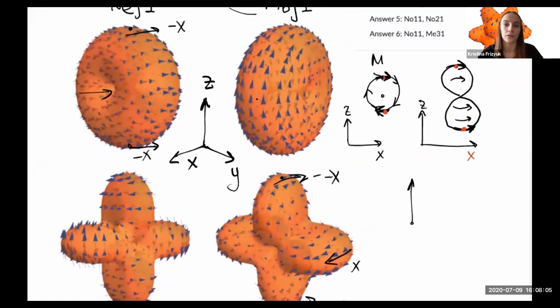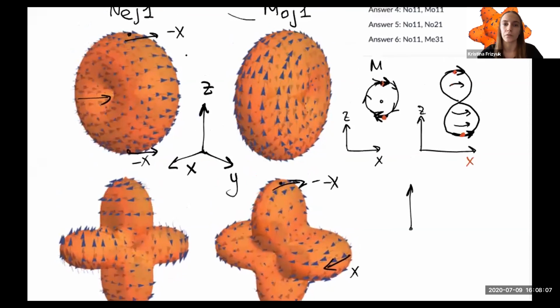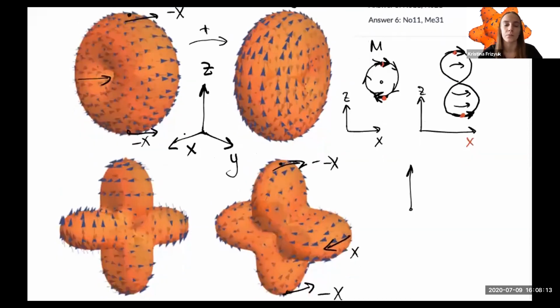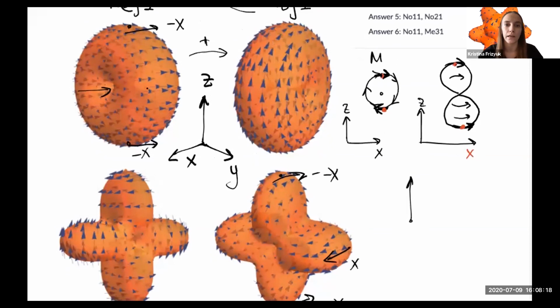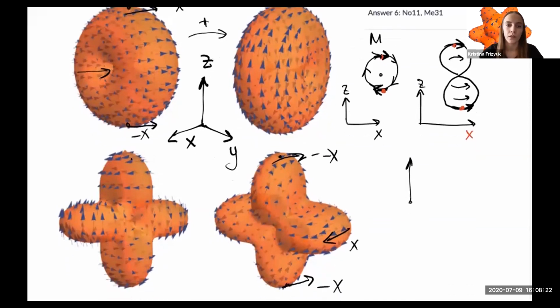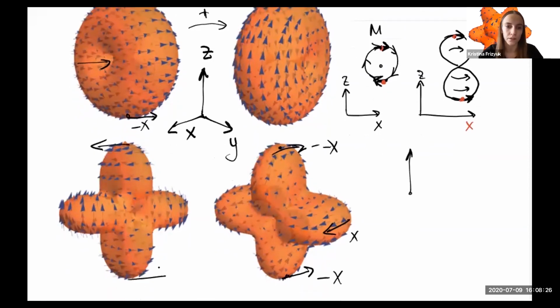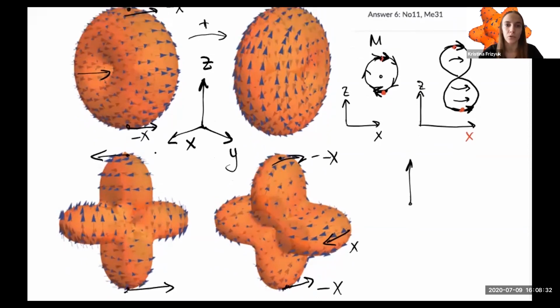But we have already found out that if we add up these two, they give us directivity. Okay, let us move further and consider electric quadrupole. Here we have again a different direction of the arrows in the bottom and in the upper point.